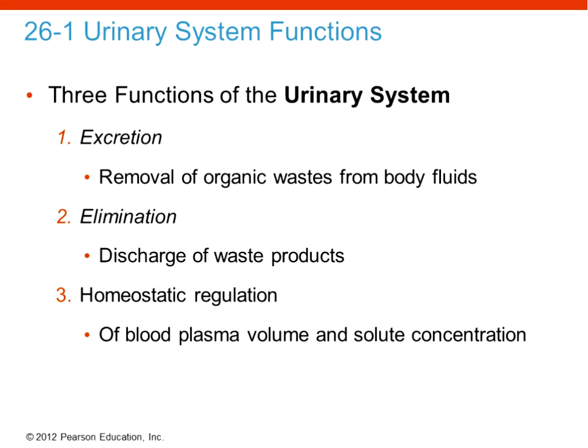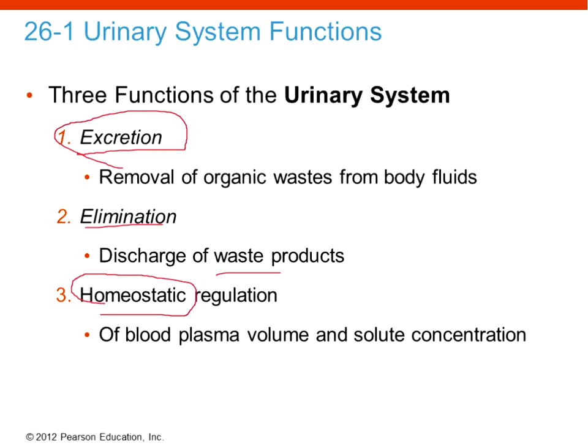But again, the three functions primarily of the urinary system: excretion, obviously, is a big one, removal of organic waste products from the body. So elimination also, and discharge of waste products. But then homeostatic regulation of blood plasma and solutes, so making sure your ion concentrations are good, all your plasma is good.